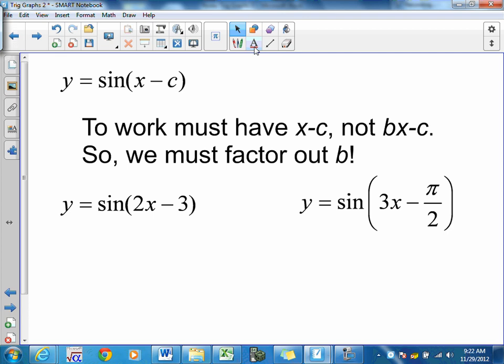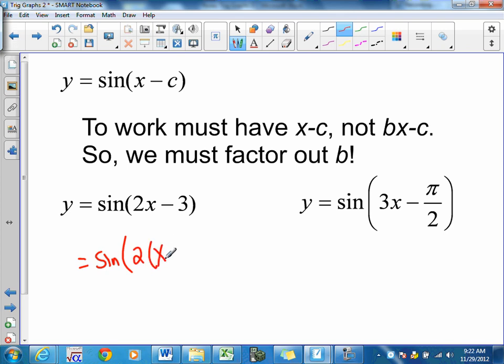Now, one thing we have to do to get these right is we have to factor out the number in front of the x. So if I have sine, I have to factor out the 2, or in this case, factor out the 3, and I'll finish it in a second here.